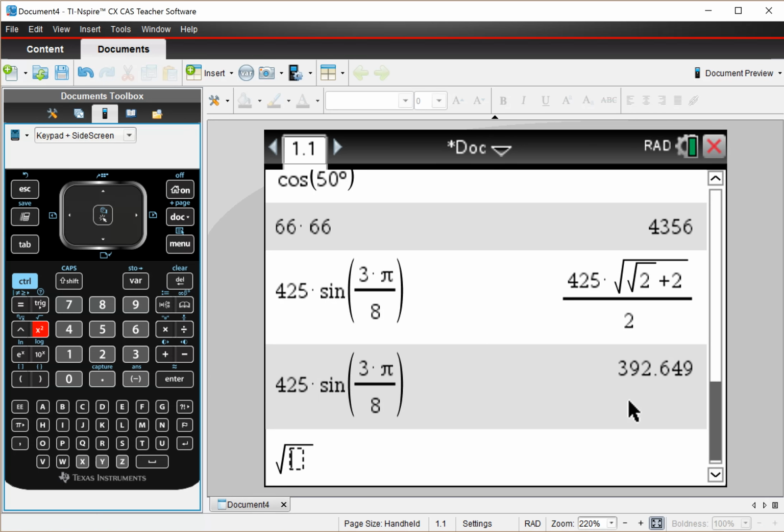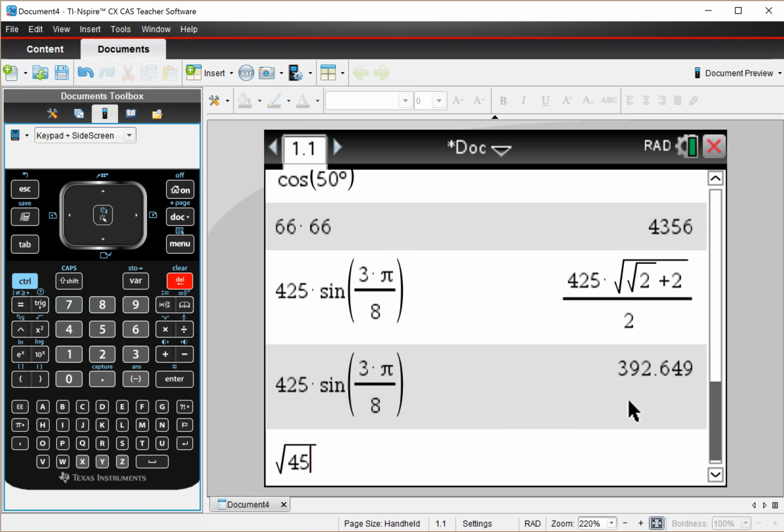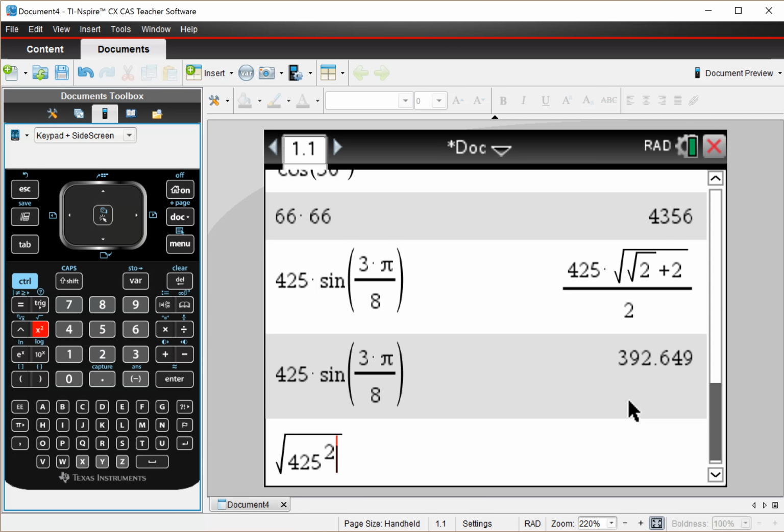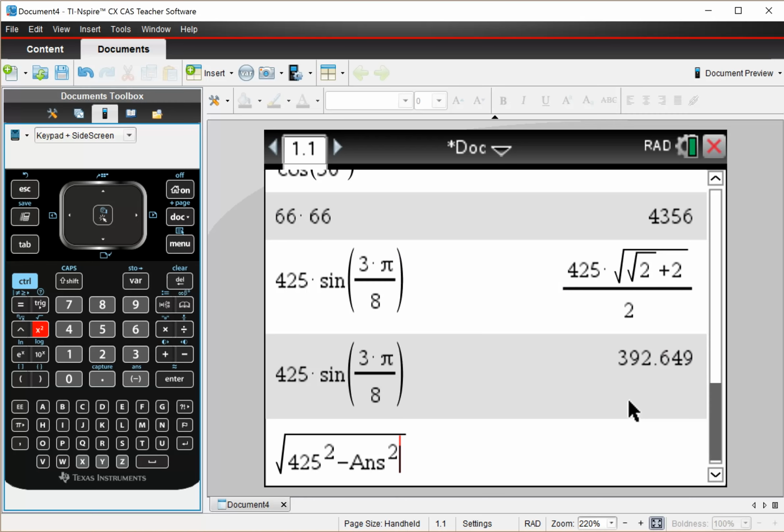Square root of 425 squared minus my last answer squared. There we go. I think we're good. Control Enter.